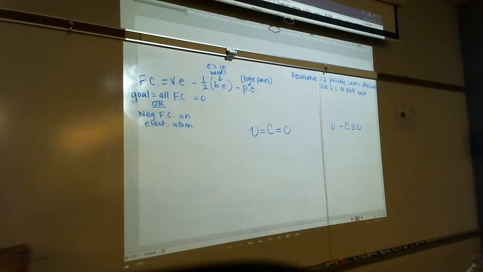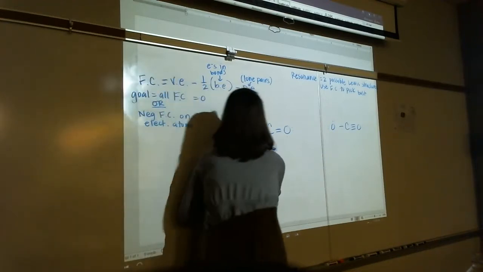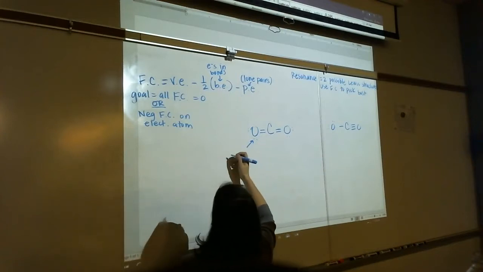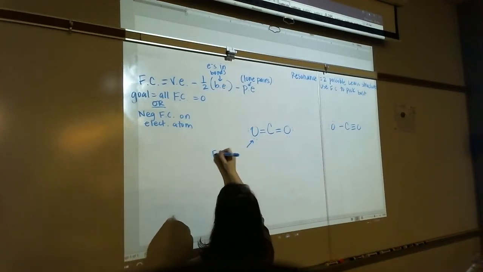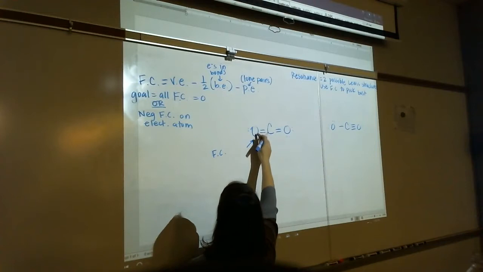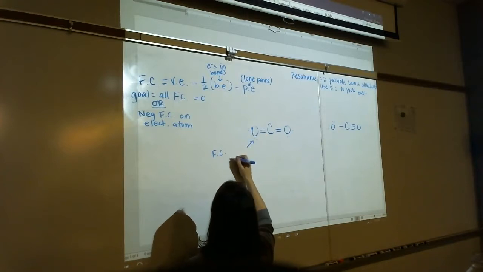So let's calculate the formal charge. Let's start here. So valence electrons. How many valence electrons does oxygen have? Oxygen, the atom, oxygen has 6.